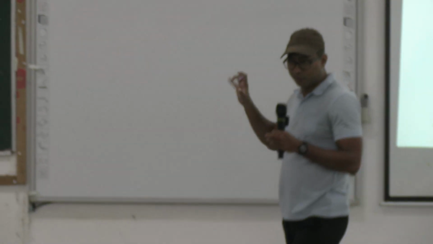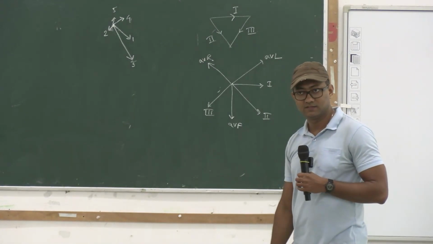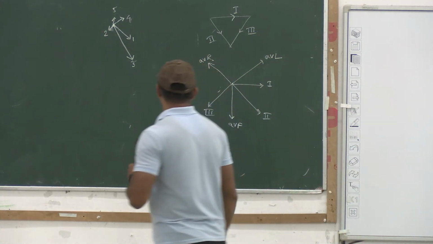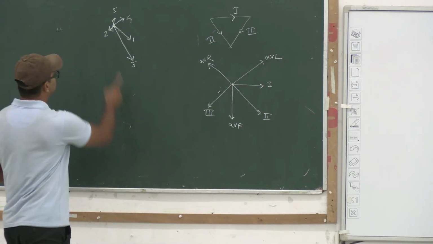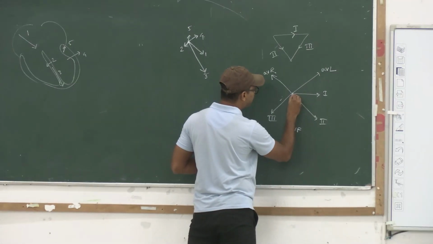Now I will superimpose the leads and the vectors. So vector 1, I am drawing it in blue.